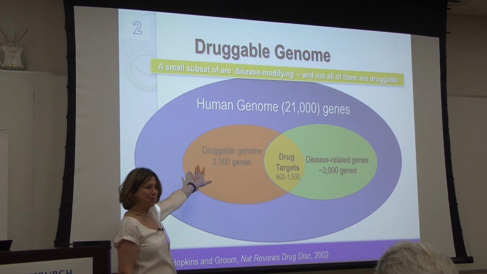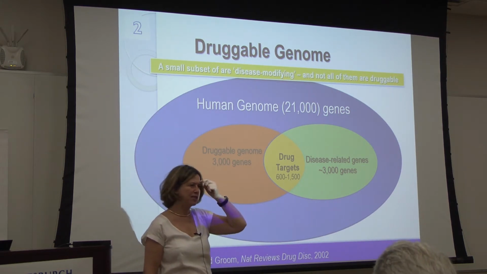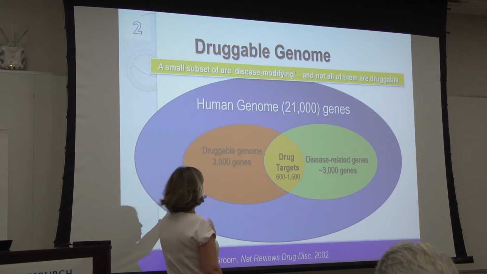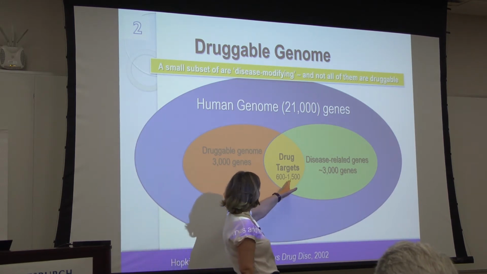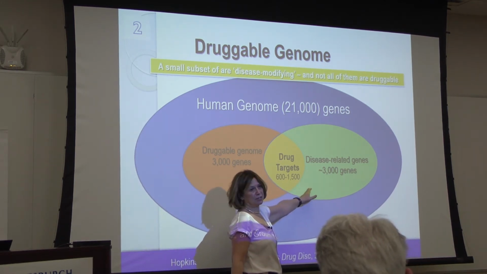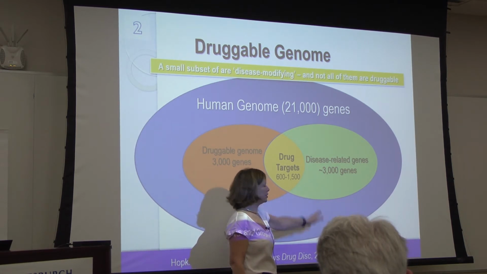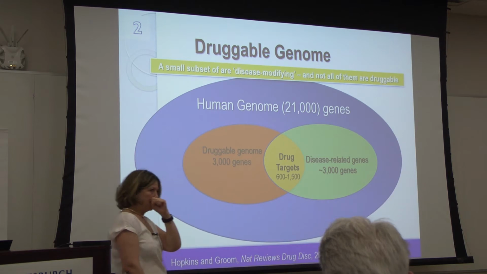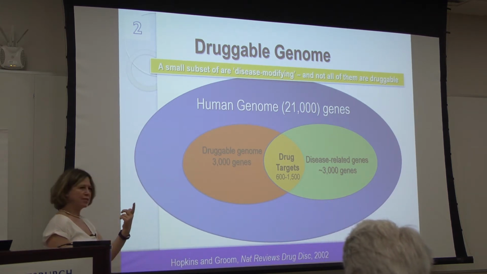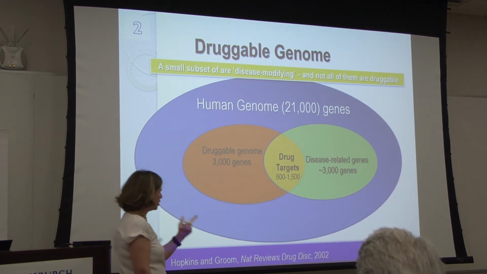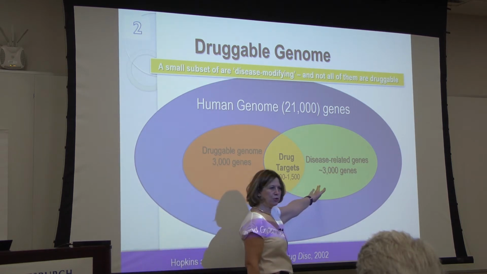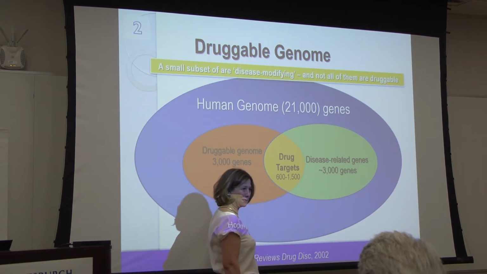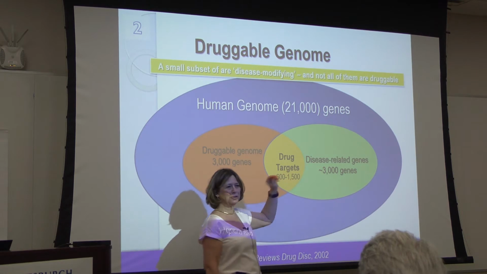This is an important concept, the druggable. And there are those that are, for now, known to be disease-related, which is another fraction. When we design drugs, we want to design drugs for disease-related proteins that are druggable. So essentially, we have a small target set.